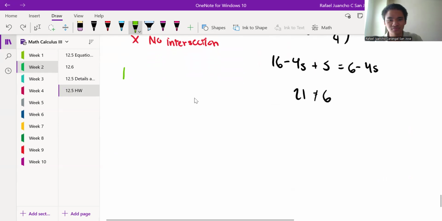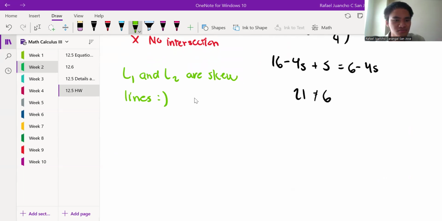So L1 and L2 are skew lines. They don't have a point of intersection, and they're skew lines.